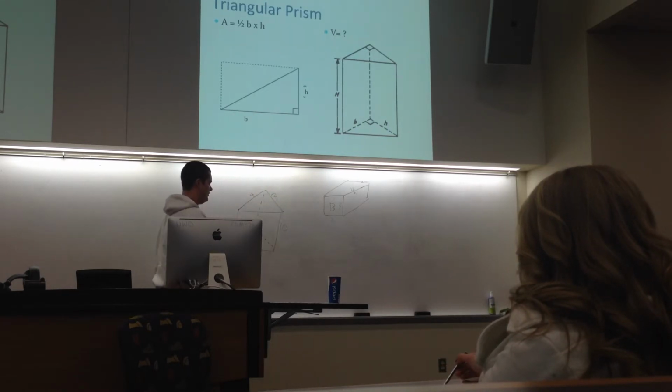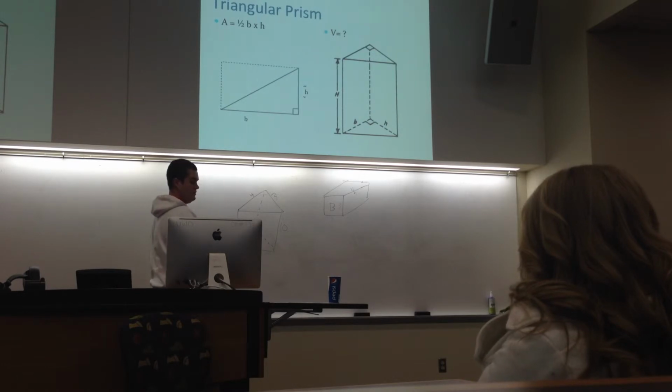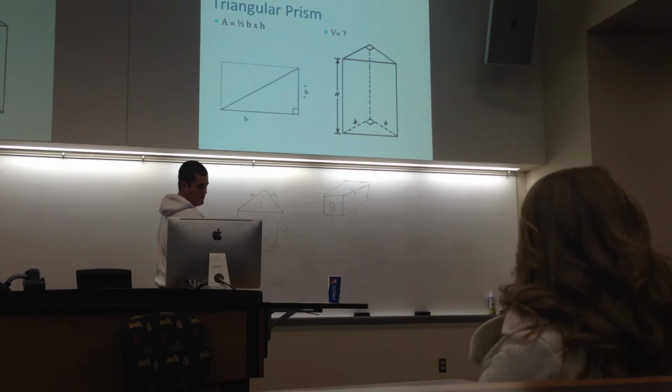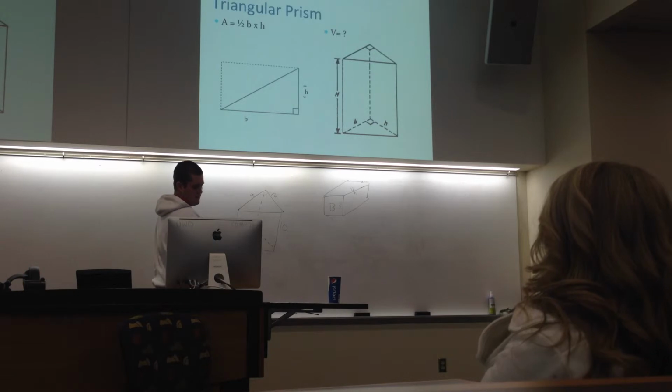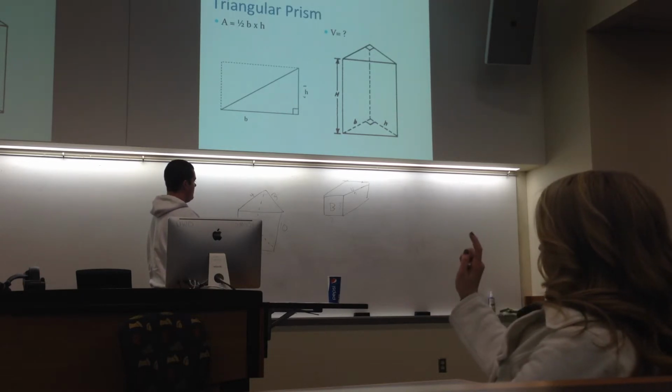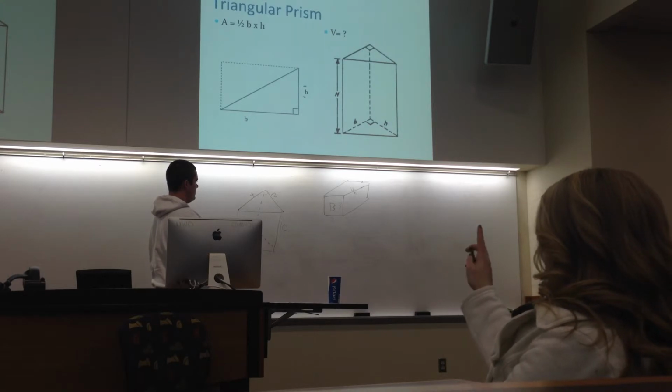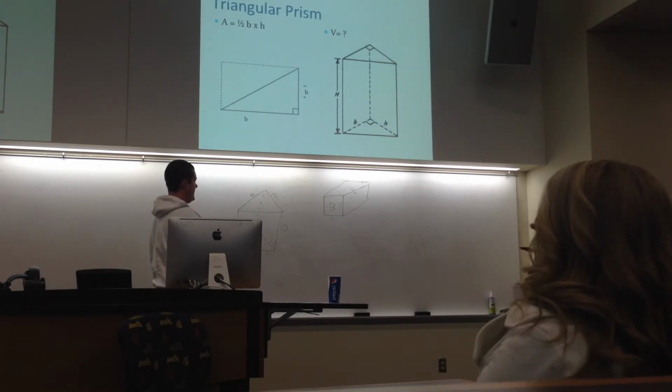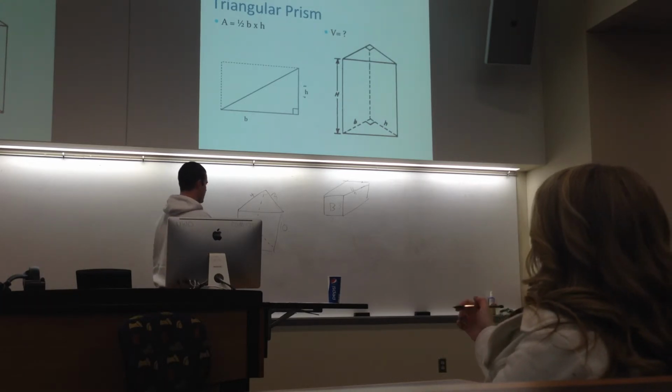Okay, so how would you solve this? I would find the area of the base, so it would be 1/2 times 4 times 3, and then multiply it by the height, which is 10. Okay.